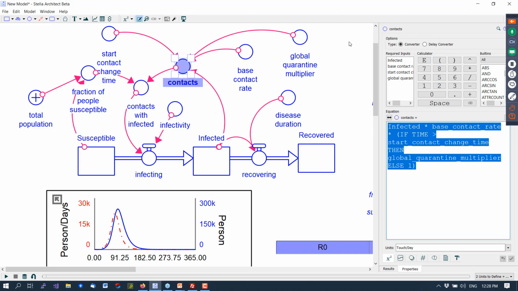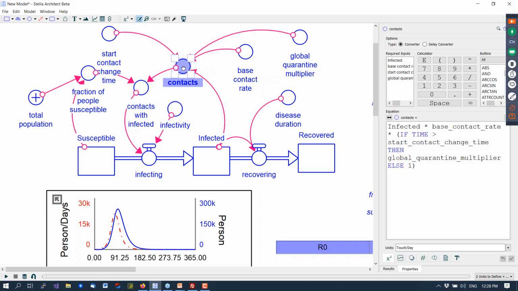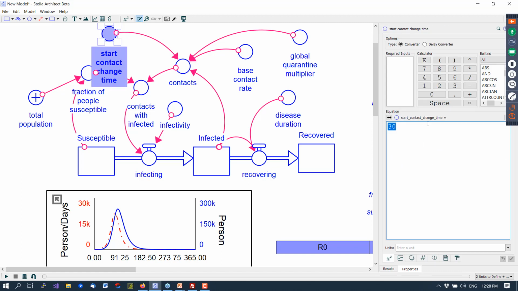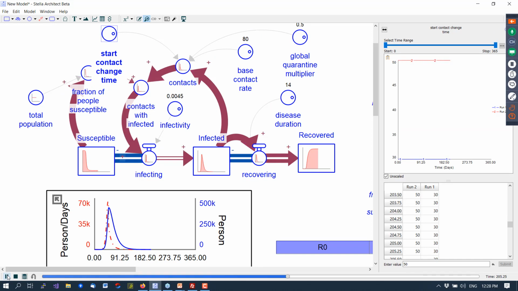This one global quarantine multiplier is 0.5. So, oh, I started it too early is all. You can't see the results. So I need to start it at, if you want to see something significant, about time 50. Just in terms of being able to kind of see the results.